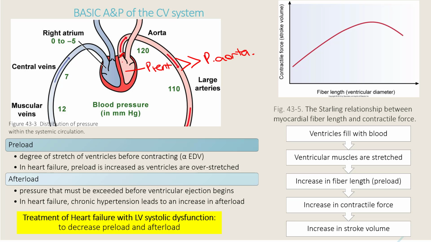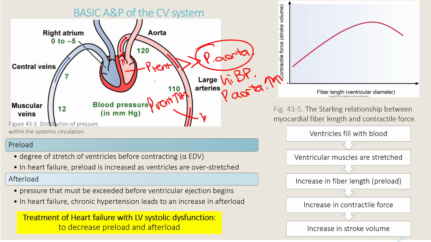It's like you pushing a door. When you push against the door, it only opens when you exert more force than the weight of the door. And in this case, the weight of the door is basically the pressure in the aorta. So for people with high blood pressure, the pressure in the aorta is much higher, and so the ventricular pressure needs to be increased before the valve opens.